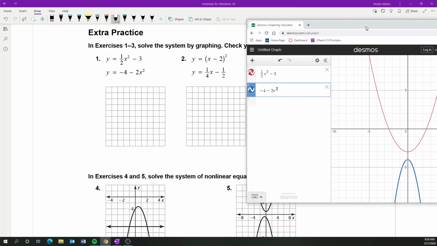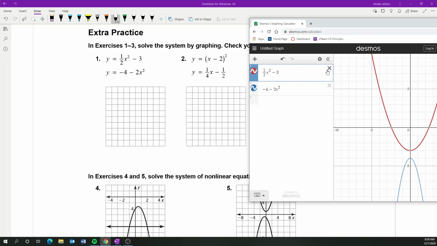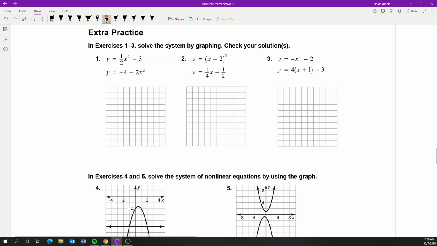Now let's look at the second one. Let's just go ahead and write that on here. Okay, so no solution. I'm using my mouse to write, so sorry if it's a little sloppy. Okay.